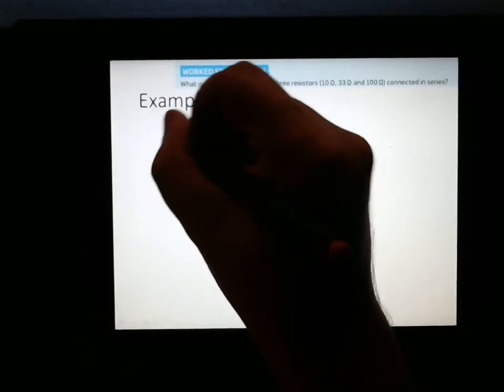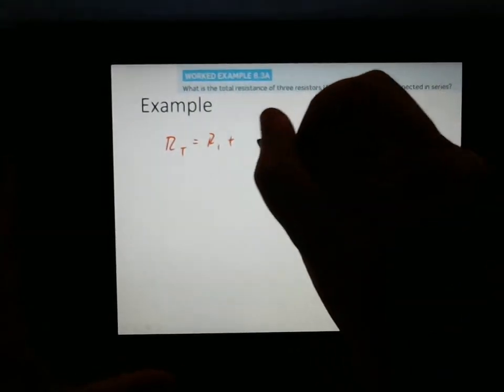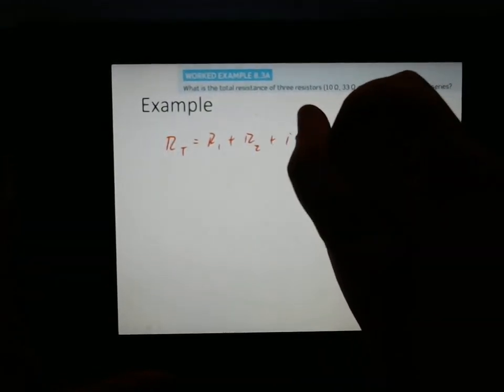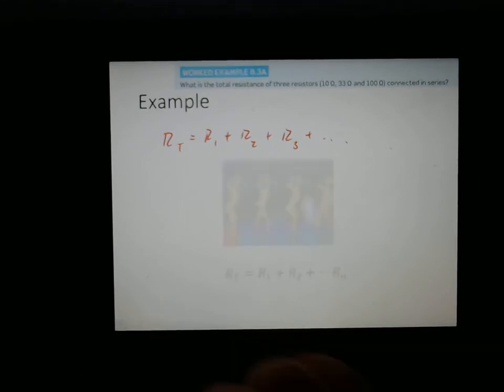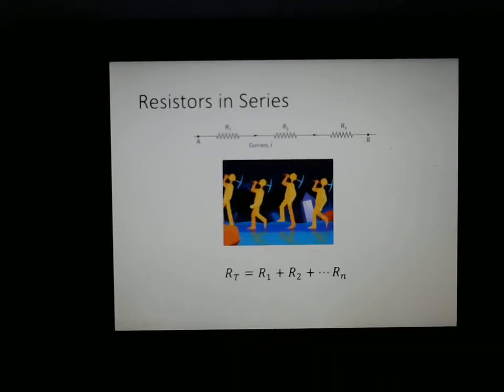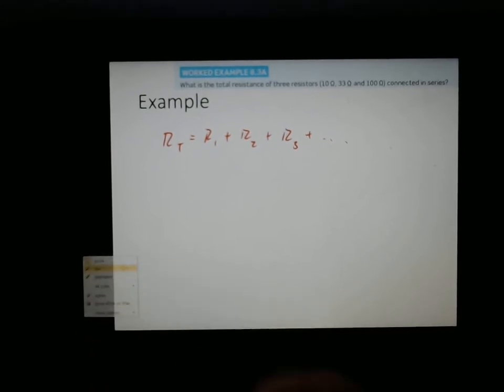Our formula, resistance total equals resistance 1 plus resistor 2 plus resistor 3 plus whatever number of resistors we have. But remember, it doesn't matter whether you have 1, 2, 5, 20, or 100. If they're in series, we just add them all together.